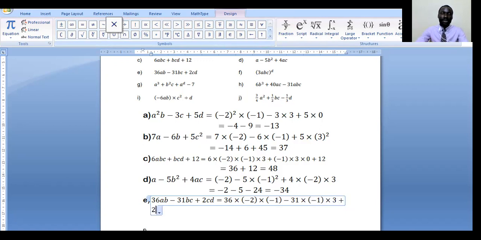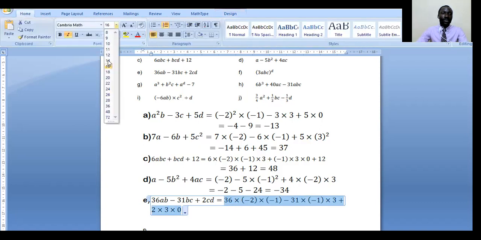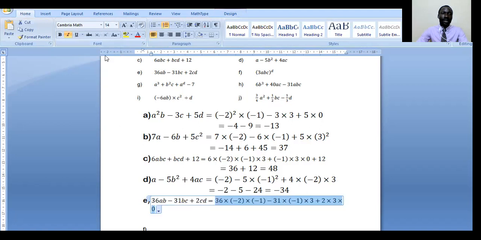Plus 2 times C. Notice that C is 3 and D, which is 0. So just to make it on one line, I'm going to reduce the size a little bit to 14. All right. 14 is not allowing, then 12, yes. Okay, so from here, our next step is to simplify.